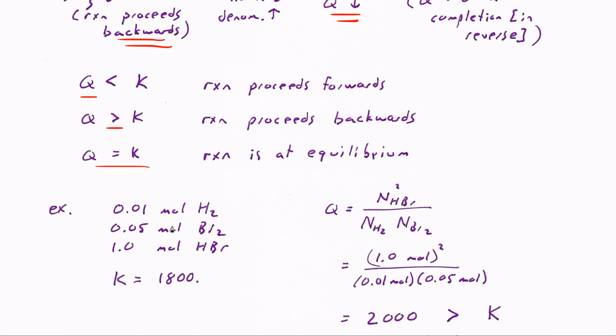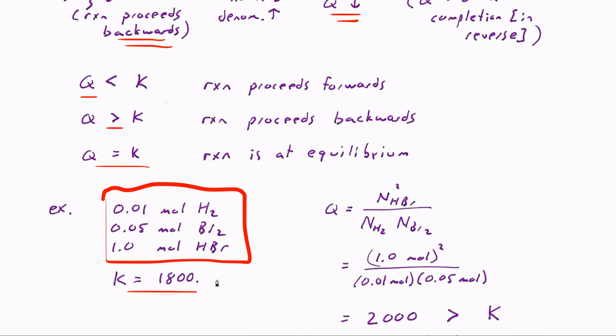So what that means is if we know how much of each species is present, in this example, let's just say we have 0.01 moles of H2, 0.05 moles of Br2, and a mole of HBr in some reaction vessel at a temperature where we know the equilibrium constant is 1800.